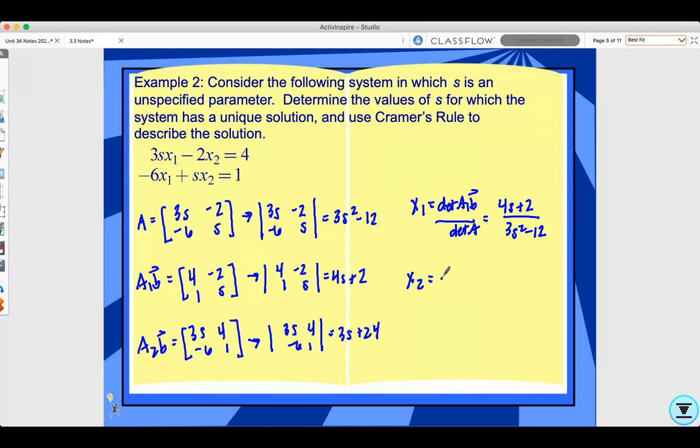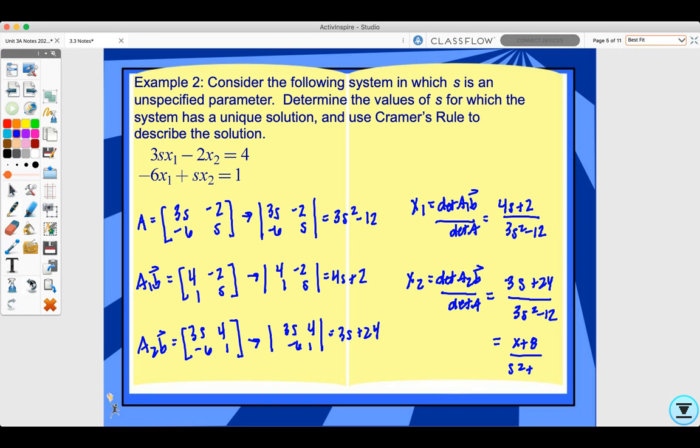And x2 would be the determinant of A2(b) over the determinant of A, which would be 3s plus 24 over 3s squared minus 12. You could notice that 3 is common in all of those, so you could factor out that 3 and get s plus 8 over s squared minus 4.